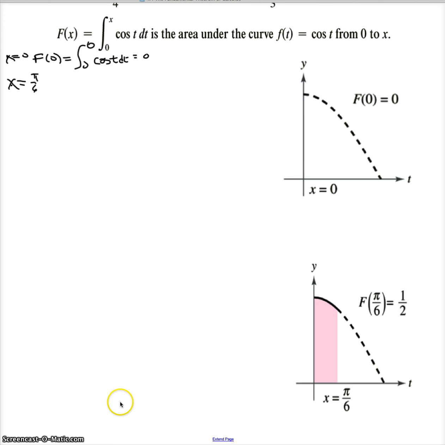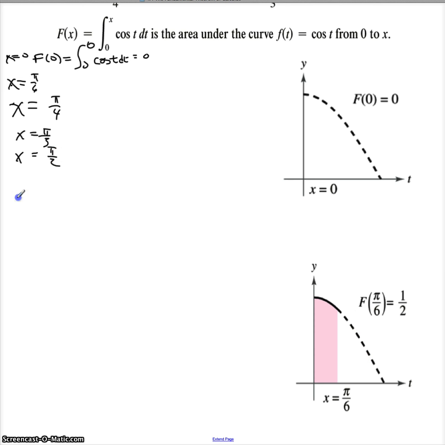What if I then decide to integrate to x equals pi over 4, and then x equals pi over 3, and then x equals pi over 2, where here's pi over 2. Now, in all of these cases, I'm accumulating bits of this function.